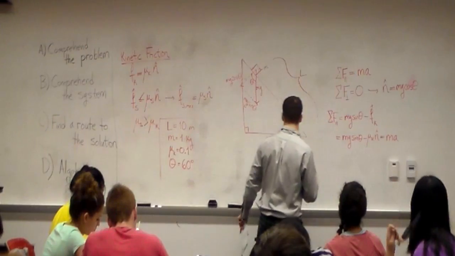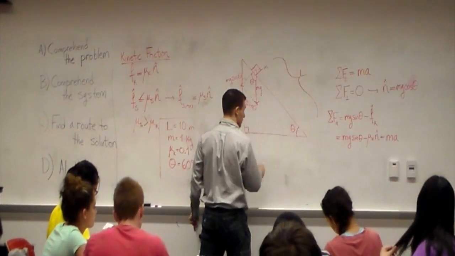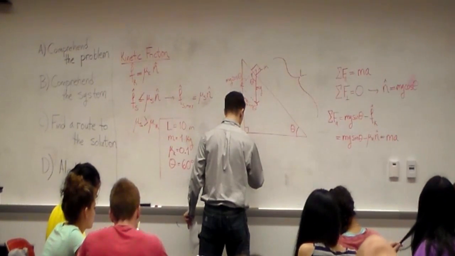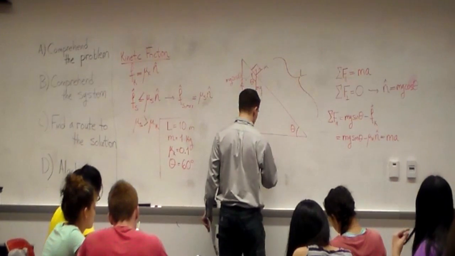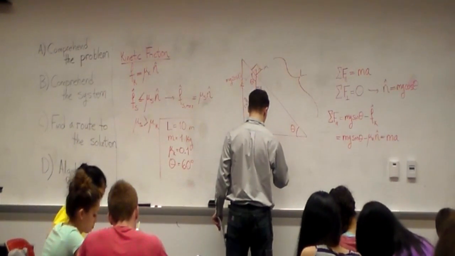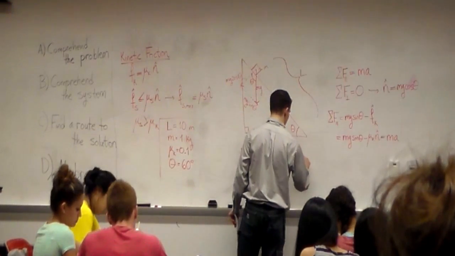So I can plug that in. Taking this equation, writing it down here, and including that for the normal force, I get that mg sine theta minus mu k mg cosine theta is equal to ma.